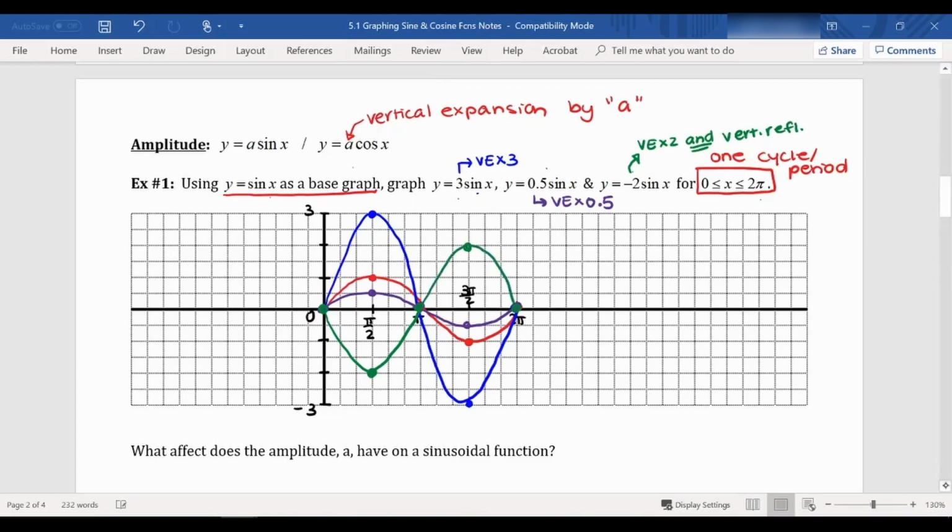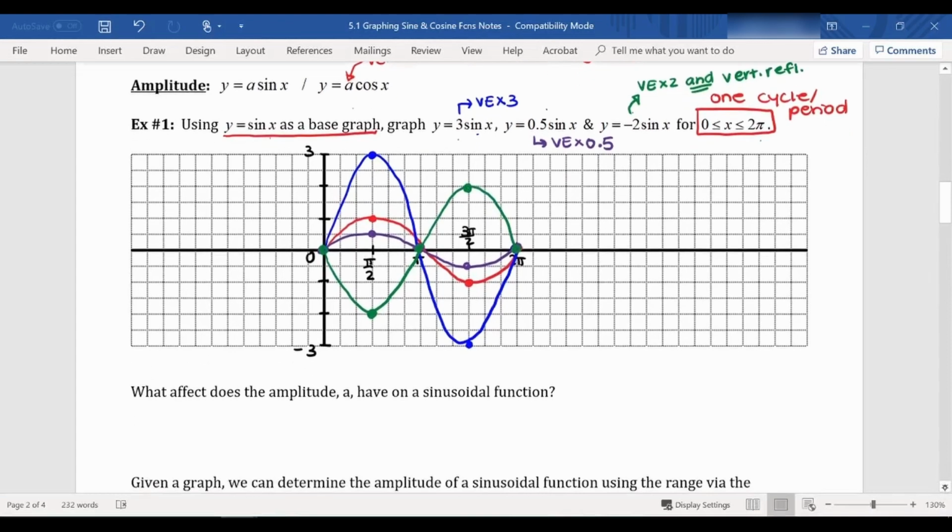Okay. So the A in the front, when we're talking about sine and cosine, this is our A in front of sine x or cosine x. So for example, A sine x or A cosine x, we call that amplitude.